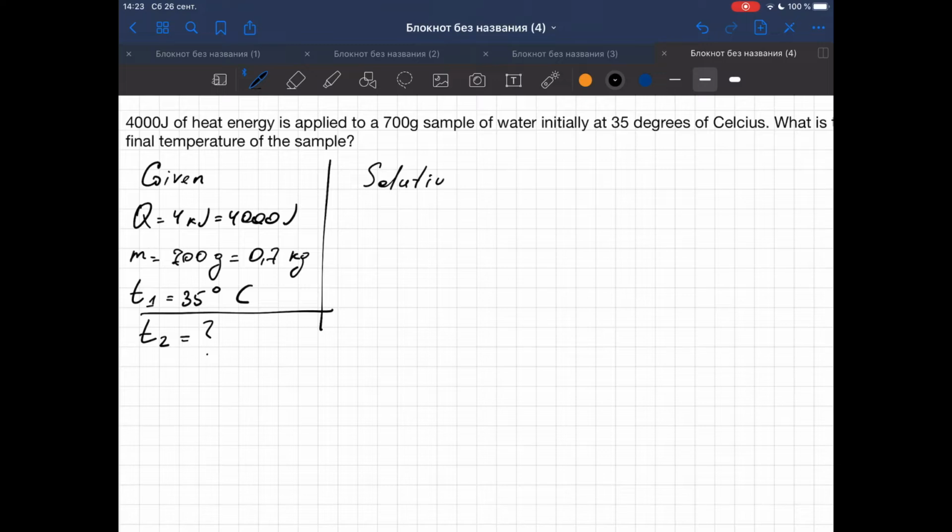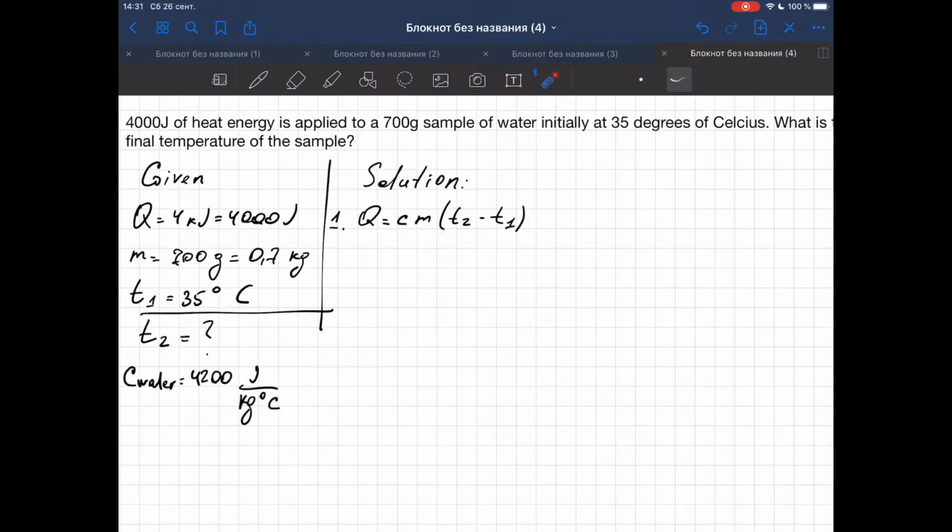So the solution will be like that. Again, we start with the main formula. Q equals Cm (T second minus T first), and from this formula we have to find the final temperature. After that, we have to remove the brackets on one side and the Cm to another side. So this was the first step.